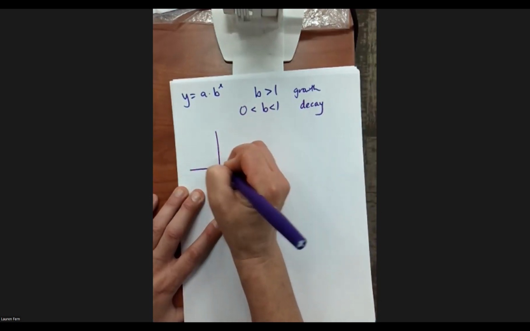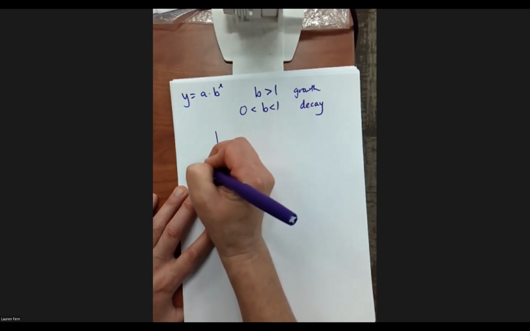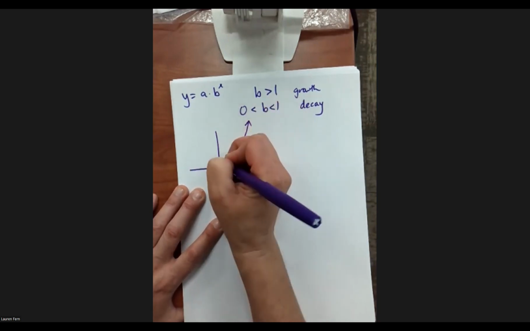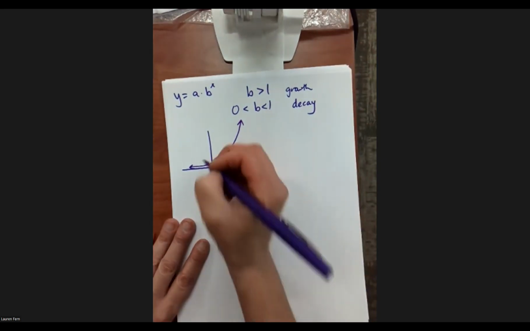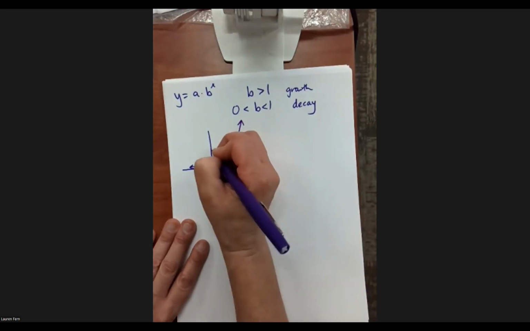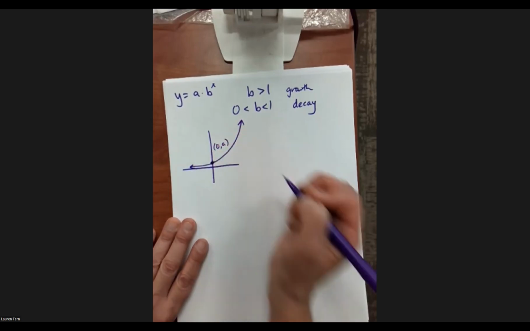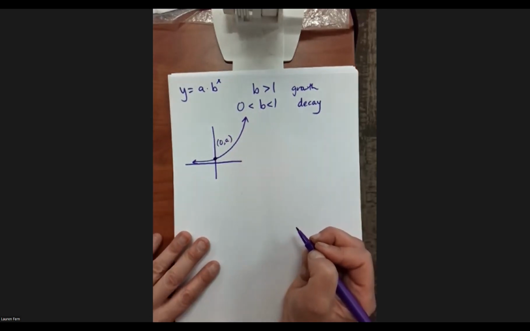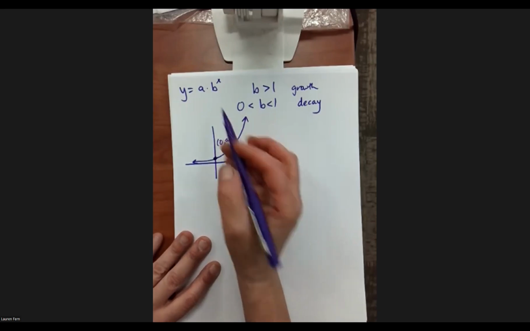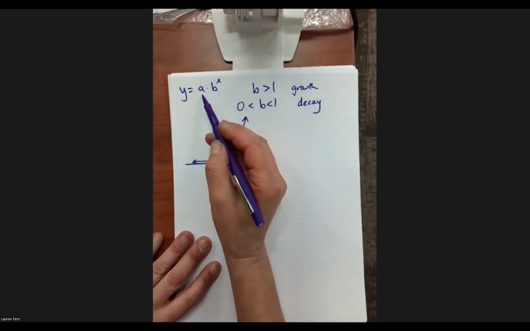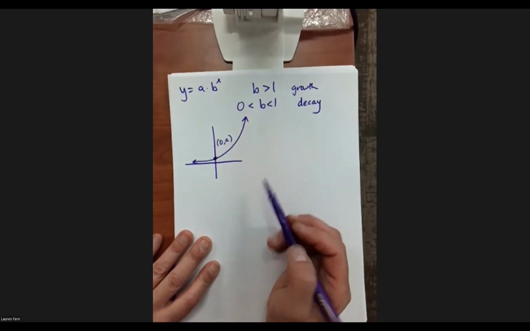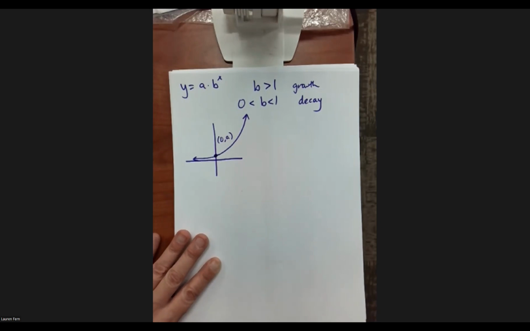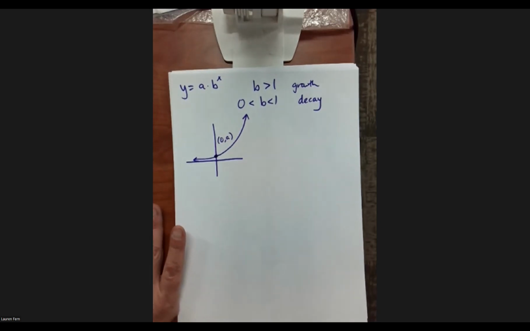So if I take a growing one, this point right here is our a value. Remember, a is our initial value, in other words, the value of our function when x is 0. In these previous cases, we just had a equal to 1 because we had 1 times 2 to the x power.